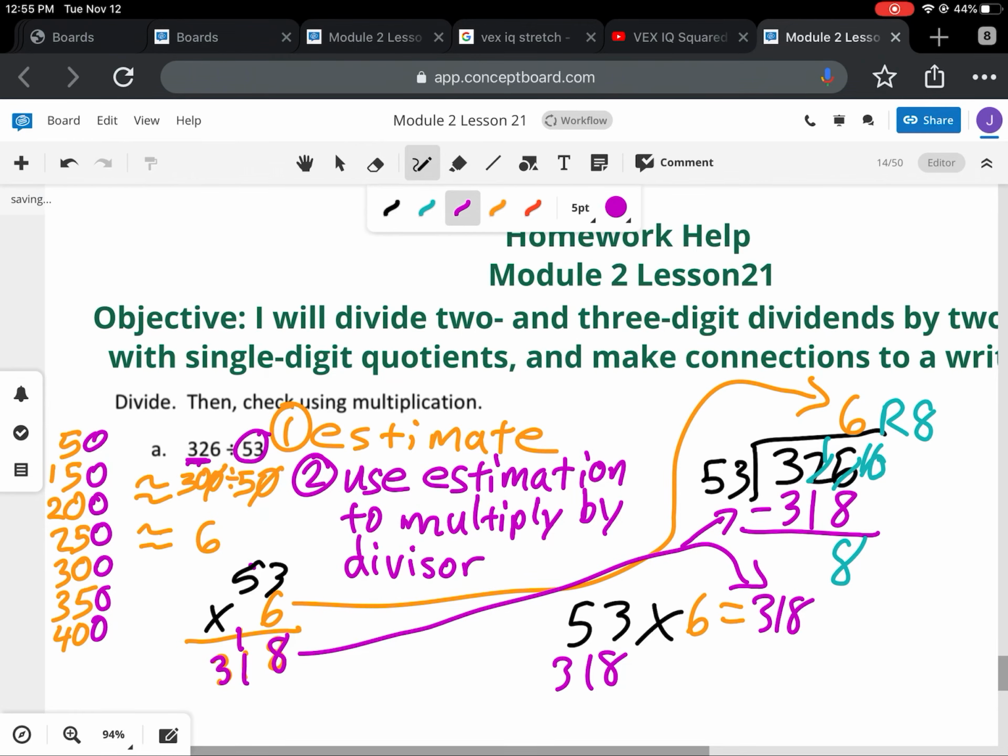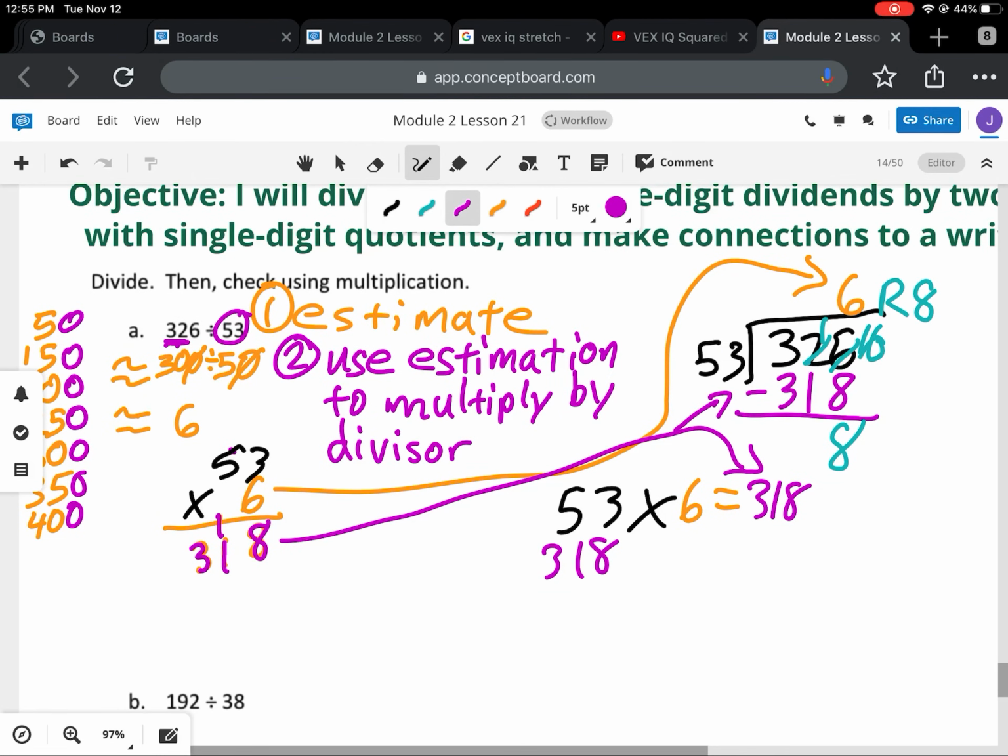Now I'm going to take my 318 and add my remainder. Eight plus 8 is 16. Carry the 1, then this becomes a 2, and then I have a 3, and that is my dividend.